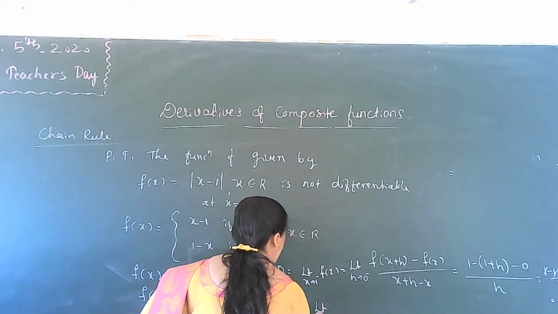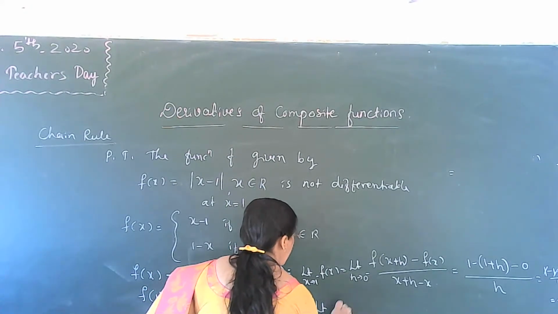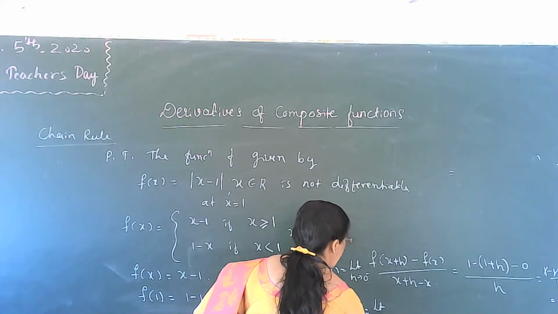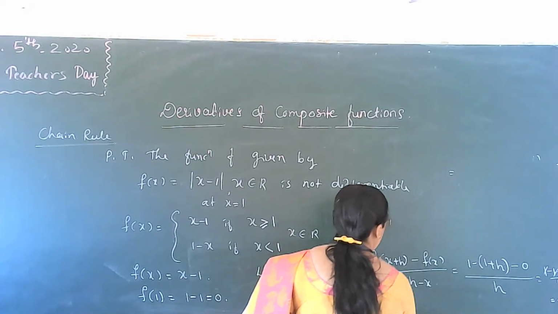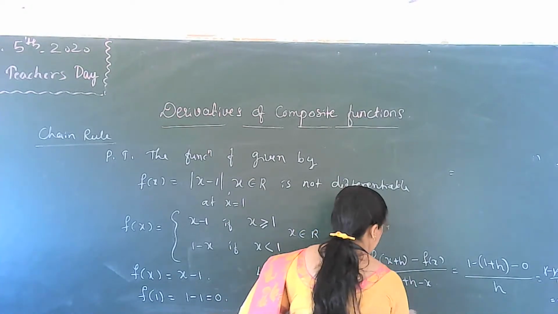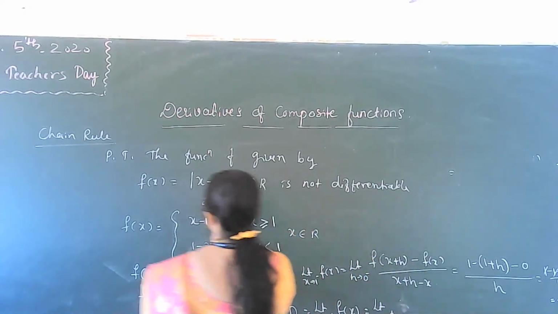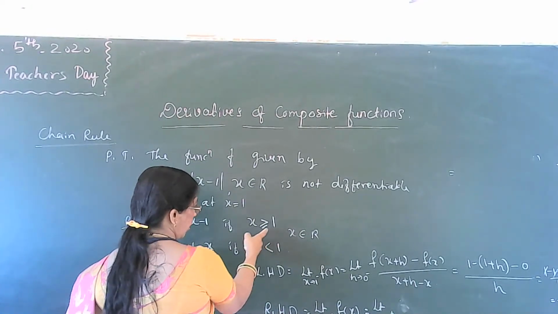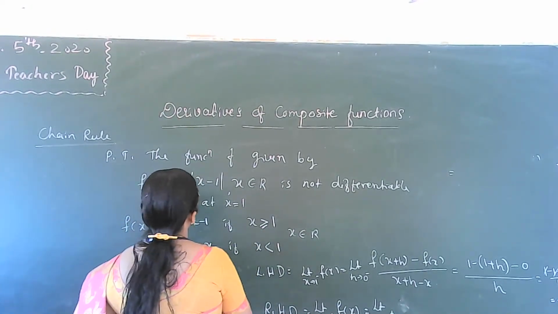Then RHD, which is equal to the limit of x tends to 1 plus, which is equal to the limit of h tends to 0 plus. Here we take the function as x minus 1, since it is greater than 1, it's RHD.